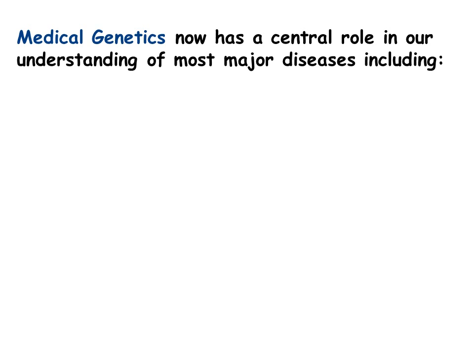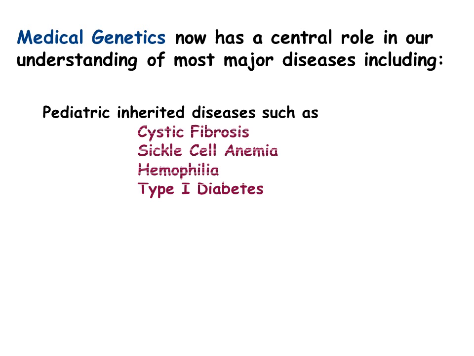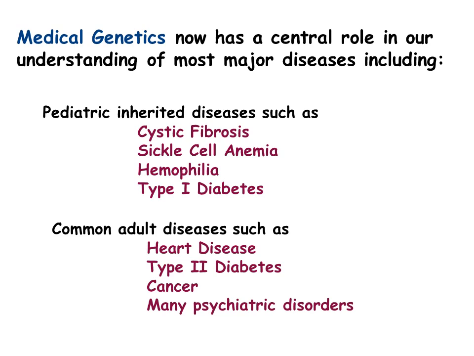But now we know it has a central role in understanding all major diseases, and this includes those that we think of typically when we think of genetic diseases, the pediatric inherited diseases such as cystic fibrosis, sickle cell anemia, hemophilia, type 1 diabetes, as you see here on the slide. But it also involves common adult diseases such as heart disease, type 2 diabetes, cancer, and many psychiatric disorders. So we now know that medical genetics has a role in just about all major diseases.